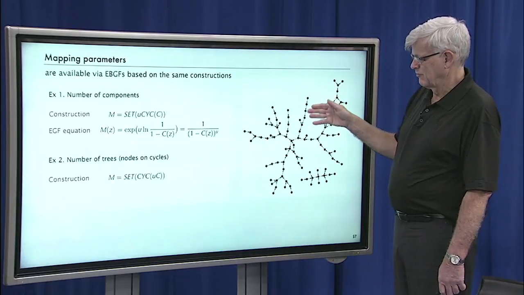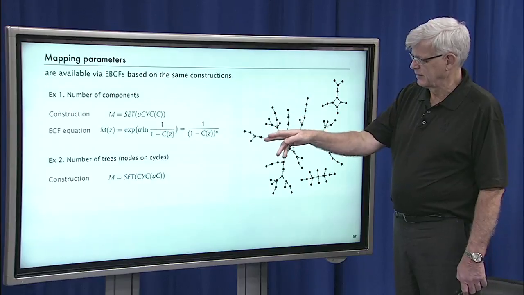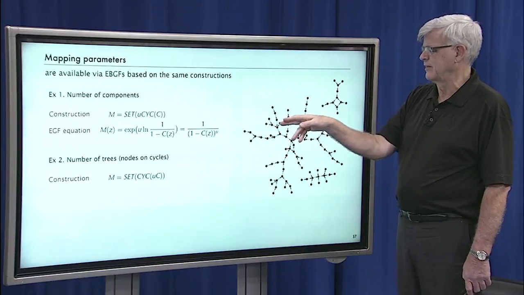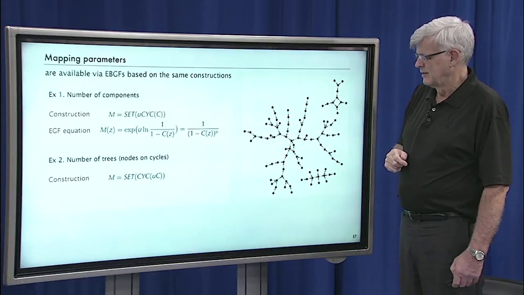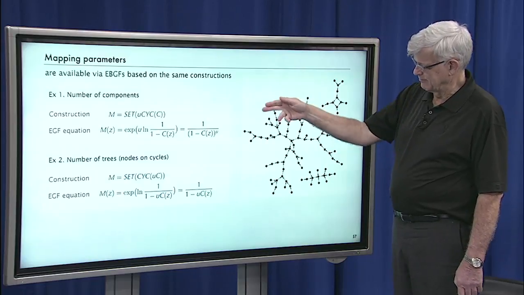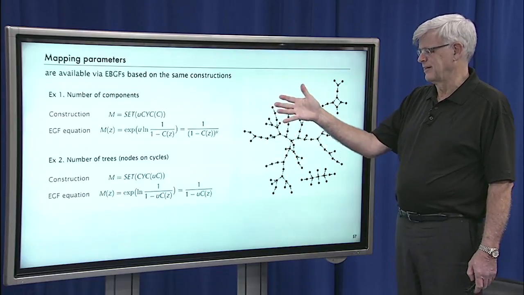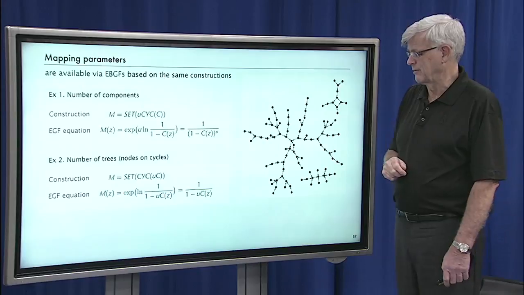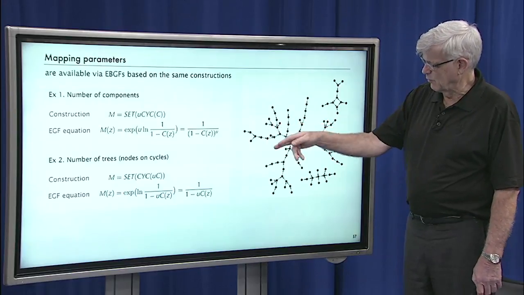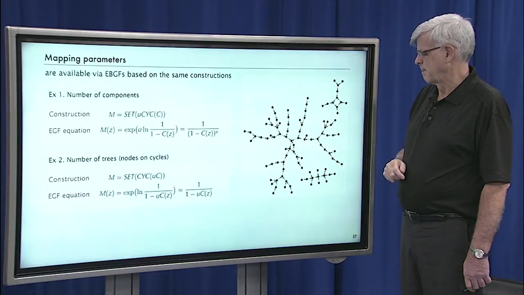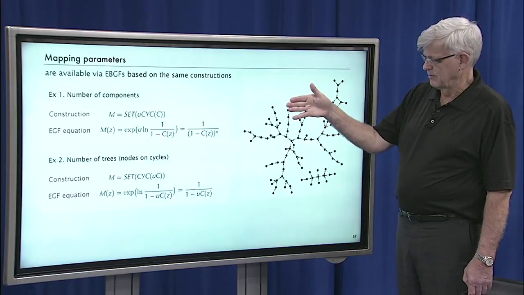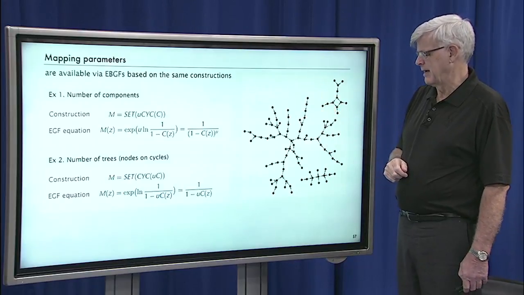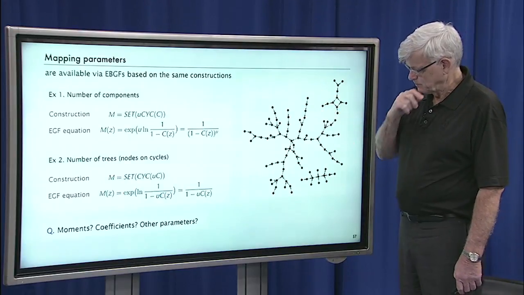Or if we want the number of trees, then we take a set of cycles and then we mark the trees. And that gives a completely different equation, although these symbolic manipulations are very simple. And that one's 1 over 1 minus u C of z, for the number of nodes on cycles in a mapping, or the number of trees.